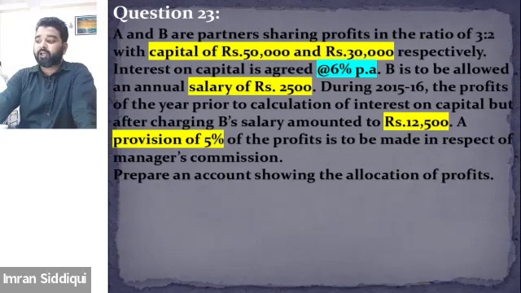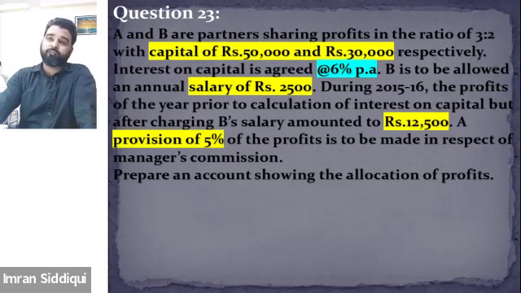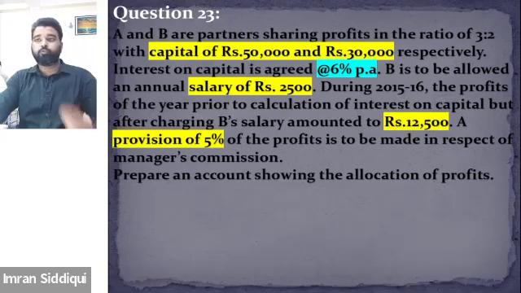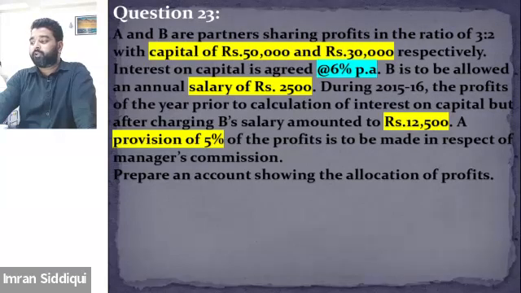For finding out the profit before charging salary, what do we need to do? We will first add the amount of salary that Mr. B is withdrawing. Mr. B is entitled to claim a salary of 2,500. This salary has been deducted from the amount of profit. So in order to find out the profit before the salary, we will simply add 2,500 to 12,500, and you will get 15,000.